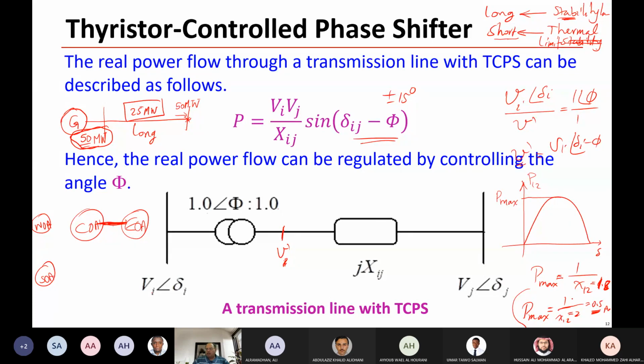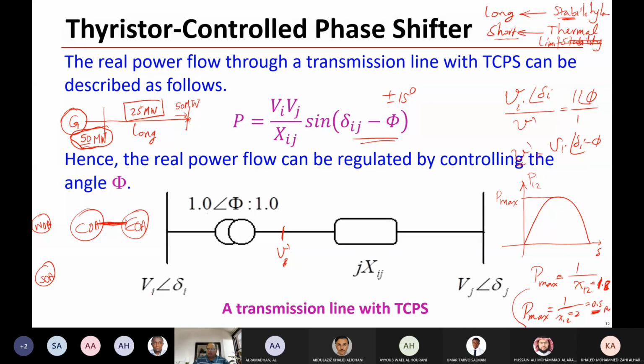And in a short transmission line, this X will be like 0.1. So you can transfer like 10 per unit without hitting the stability limit. But the limiting factor here is the thermal limit. So in conclusion, to make it short, FACTS devices are not generating power.